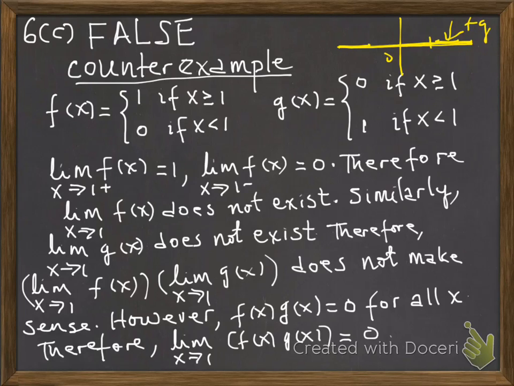So the limit of the product is 0, but the limit of f of x as x approaches 1 does not exist, and the limit of g of x as x approaches 1 does not exist. So the limit of f of x times the limit of g of x does not make sense. Because of this, this is a counterexample where we cannot split the limit.